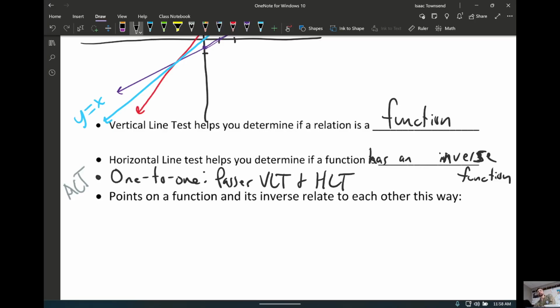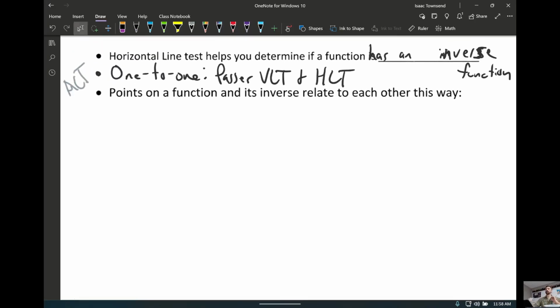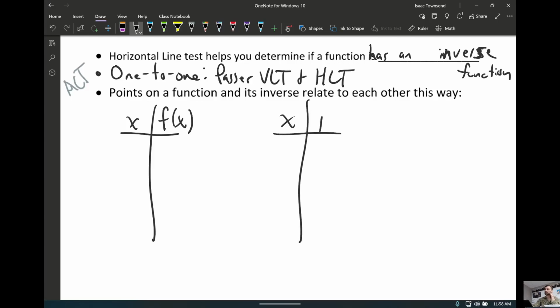Okay, and then the last reminder I think you need before we can practice, although I'm going to show you this on the graph in a second too, is you need to make sure that you understand how points on a function relate to its inverse and vice versa. So let's just make up a couple fake points on a function and talk about what the points would be on the inverse.